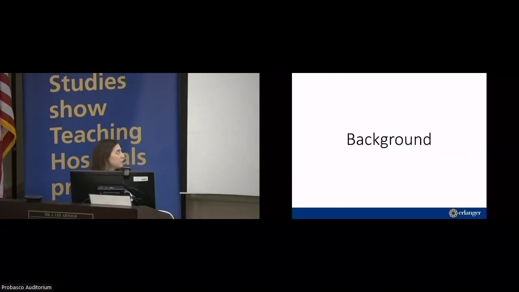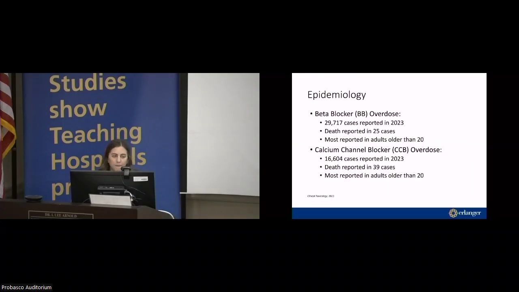So just to give a little bit of background on the prevalence of this kind of overdose currently, a report from the National Poison Data Center that was published in 2023 gave an overview of cases throughout the year.